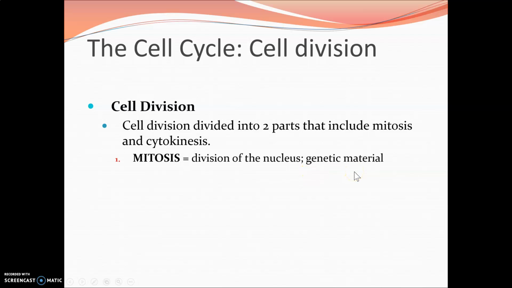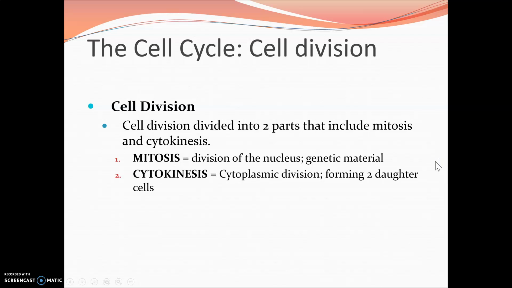This is strictly the division of DNA and making sure that each new cell we make has the appropriate amount of DNA. Because if it doesn't have the right amount, then we're going to have some problems. So mitosis is strictly the division of the genetic information.